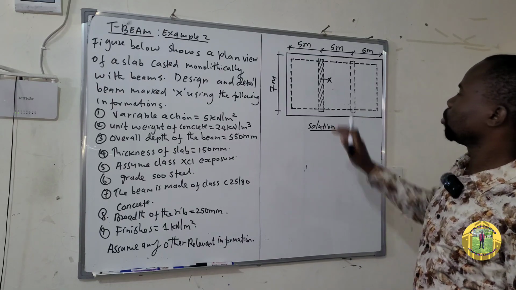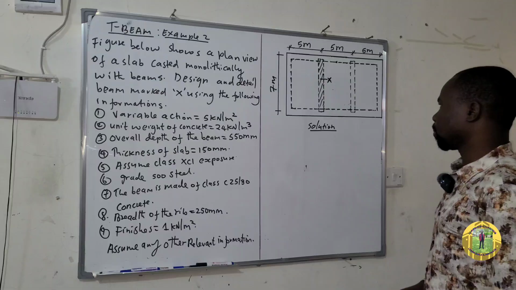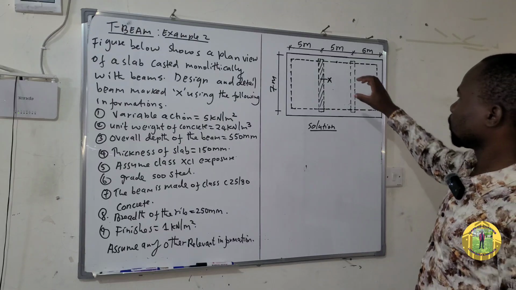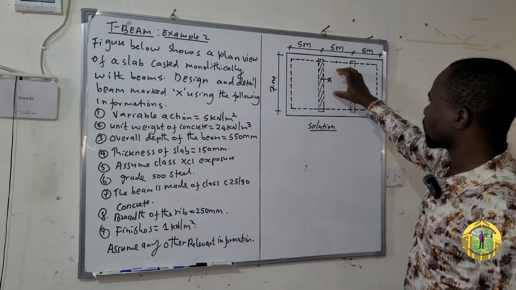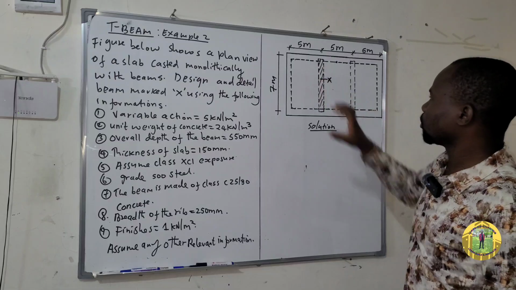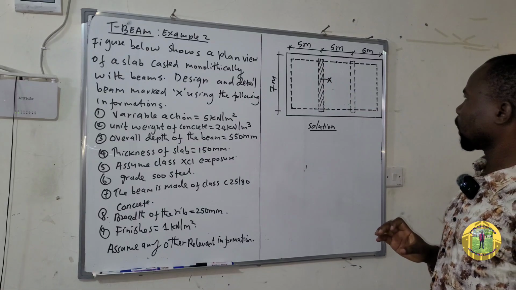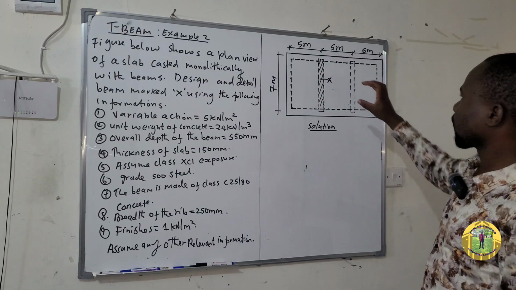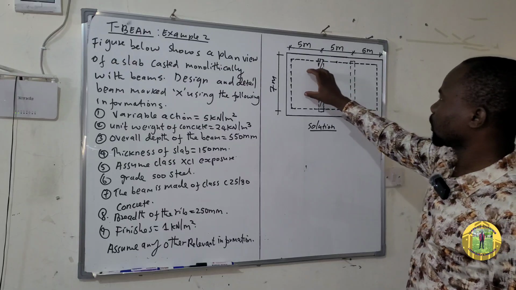as you can see, this beam X is a center beam, and therefore it is supporting this slab and this slab, and we cannot say it is supporting a half of this slab and a half of this slab.